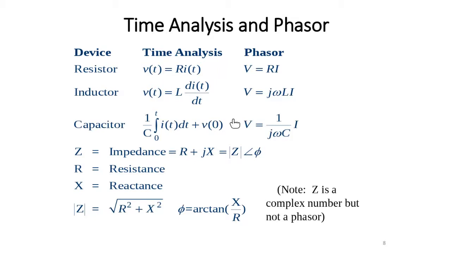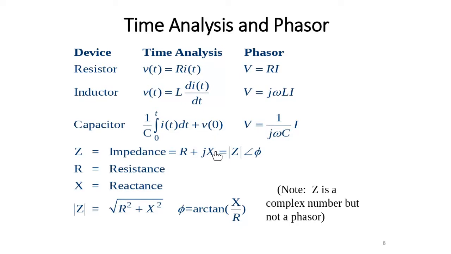calculations. We have time analysis, and we have the phasor diagram. Time analysis means it's a function of time, and you had this in circuits, in the resistor, the inductor, the capacitor, and the impedance. You just add the real part with the imaginary part.